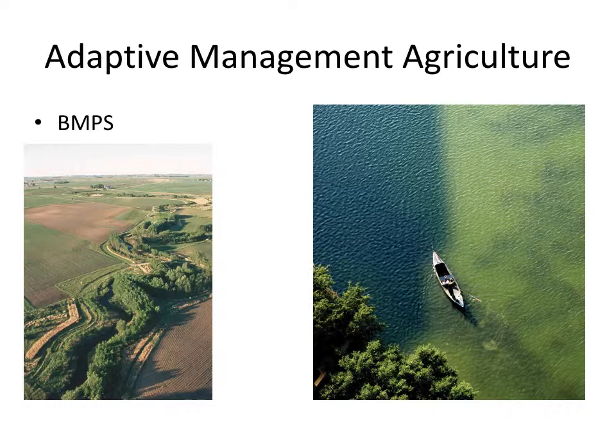Now the picture on the left is the implementation of a best management practice called a riparian strip. The riparian strip essentially allows trees and shrubs and other plants to grow up on the edge of a stream, and the function of those trees and shrubs is to slow the movement of runoff water into the stream and prevent or at least reduce nutrient loading into the stream.